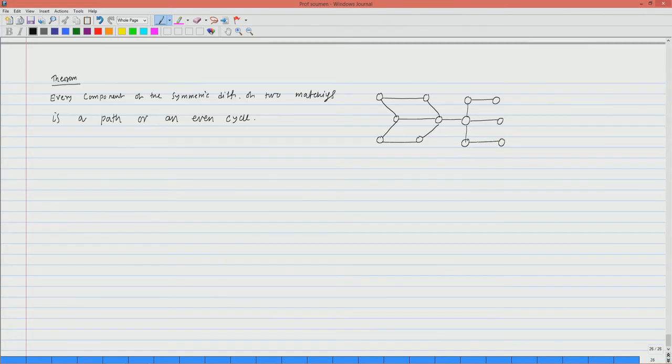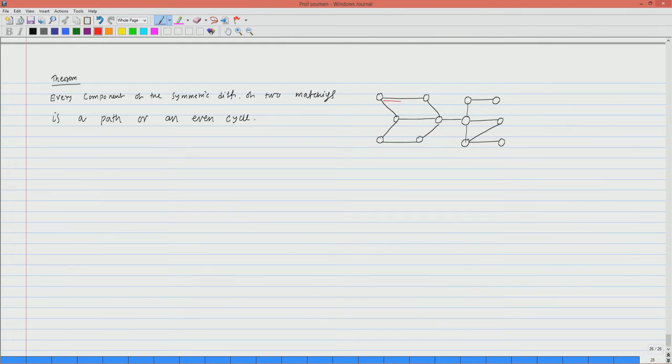Now, there are two matchings I will talk about of this graph. Let me denote them by different colors.